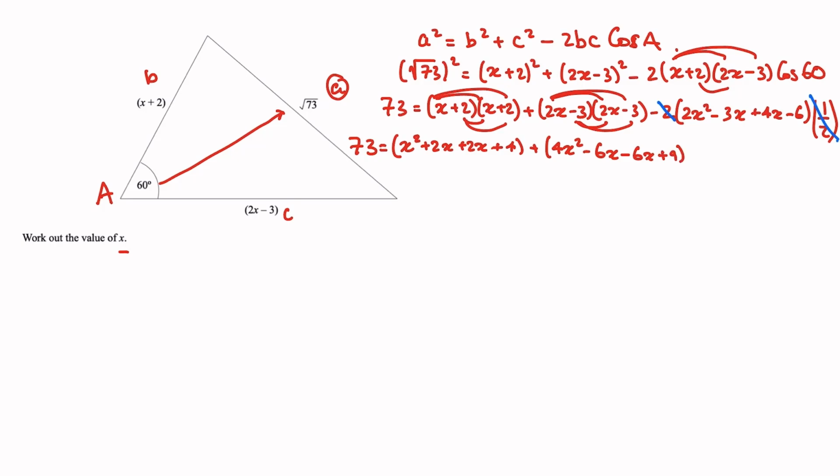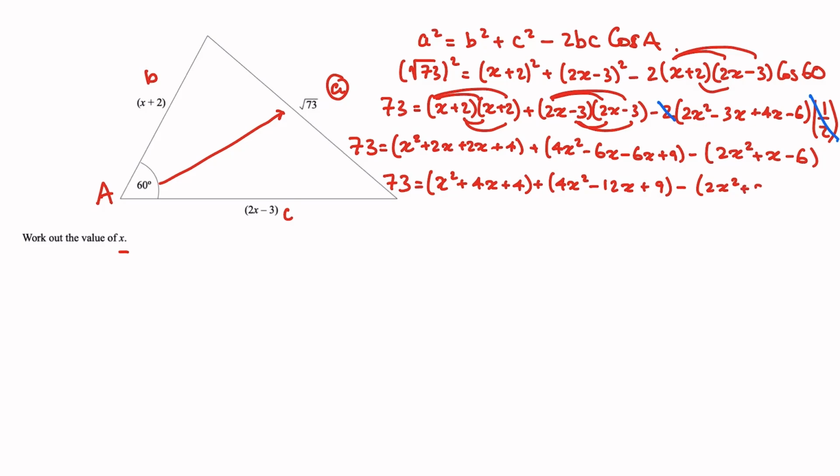That's because minus 3 times minus 3 gives us a positive 9. That will be minus, if you simplify this out, 2x squared plus x minus 6. So now 73 is equivalent to x squared plus 4x plus 4 plus 4x squared minus 12x plus 9 minus 2x squared plus x minus 6.